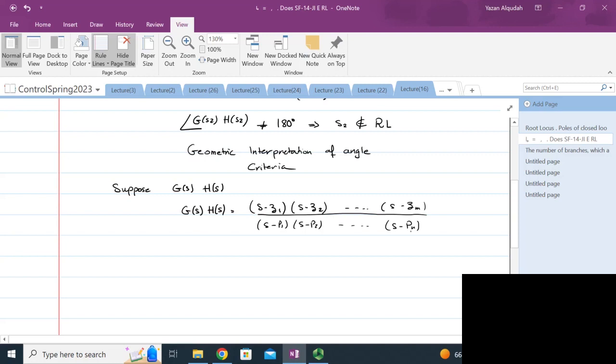So we took the open loop gain, G(s)H(s), and we wrote it in this form. We factored out the roots of the polynomial. Make sense? Okay.